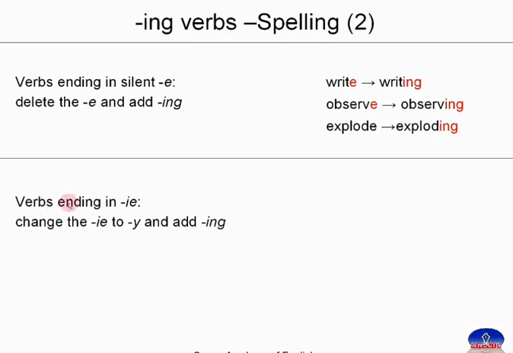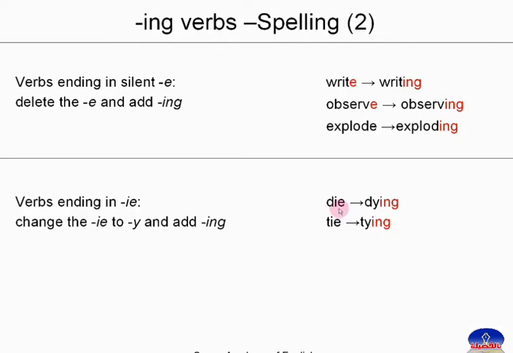Verbs ending in the letters IE. This is a slightly different rule. This time we change the IE to Y and then we add ing. So we go from die becomes dying and tie becomes tying.